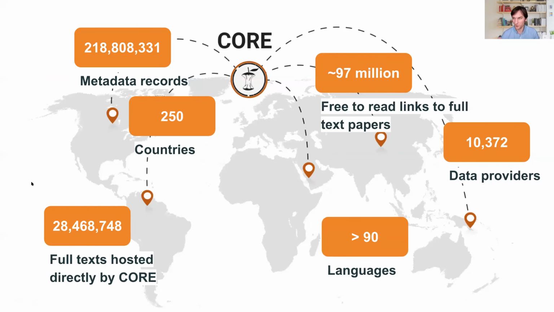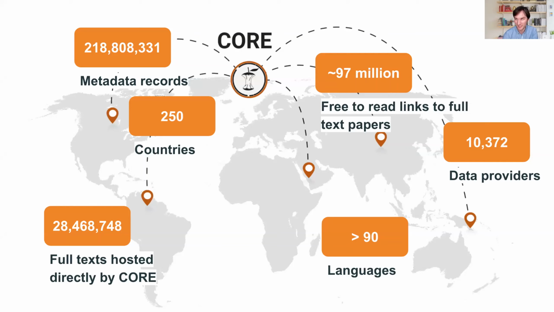This slide shows you in a nutshell some of the statistics about Core, which you might be interested in. You can see that we aggregate content from all over the world. We have nearly 220 million metadata records in Core from 250 countries and in more than 90 languages.